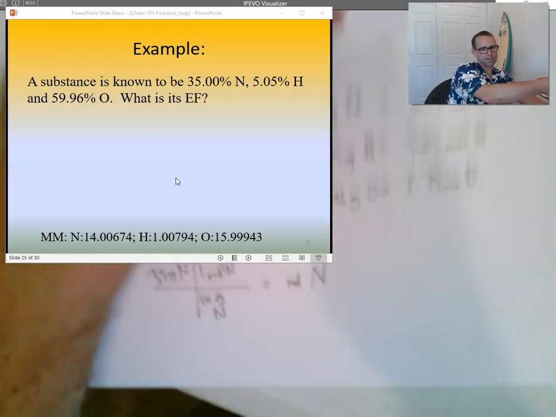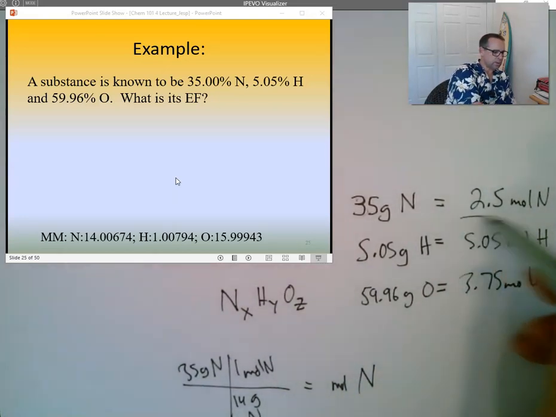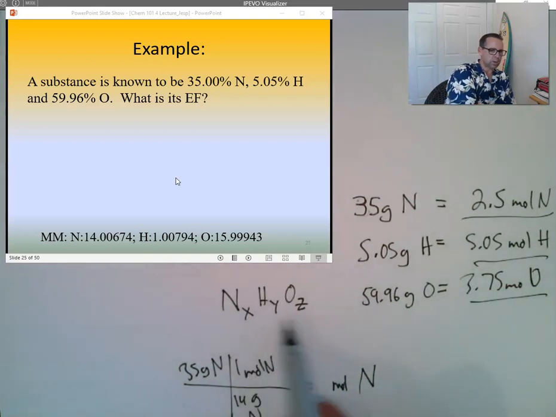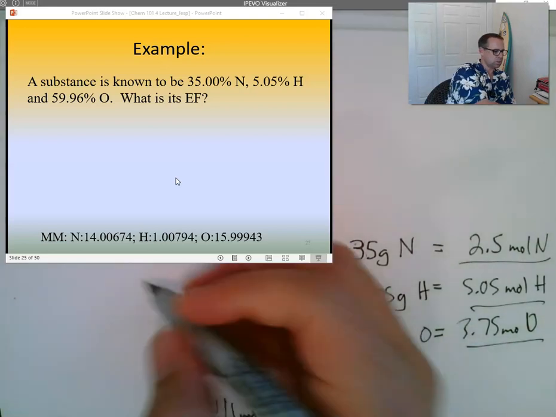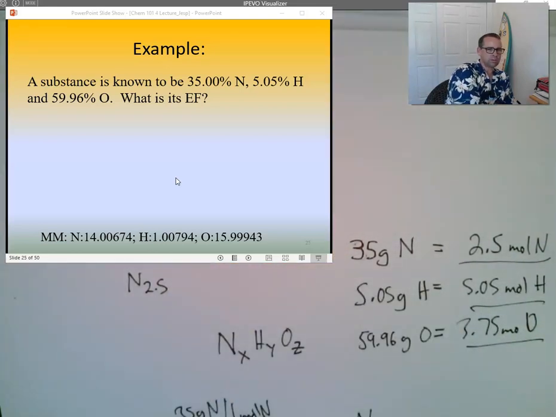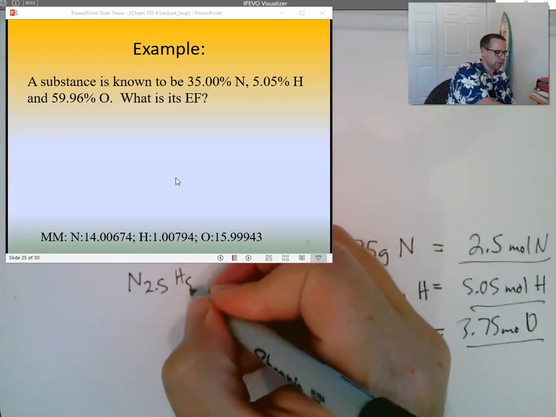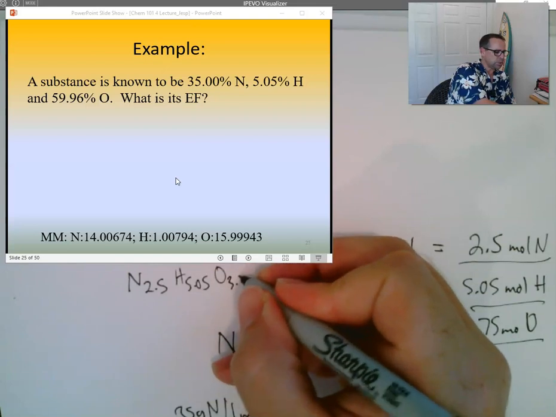Okay. So I can use these moles values as the x, y, and z for this nitrogen, hydrogen, and oxygen. So nitrogen, 2.5, hydrogen, 5.05, and oxygen, 3.75.